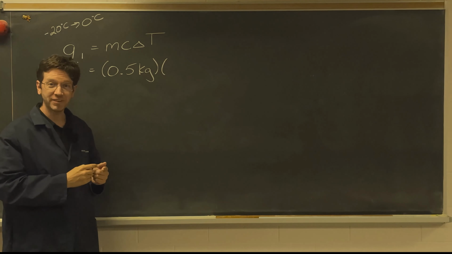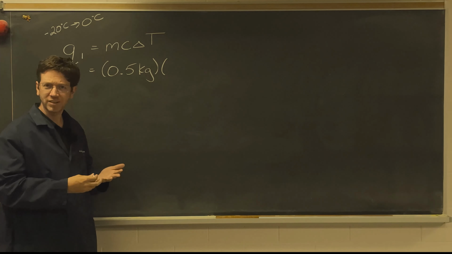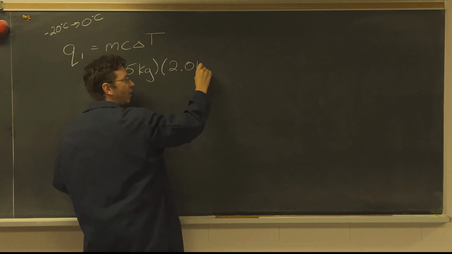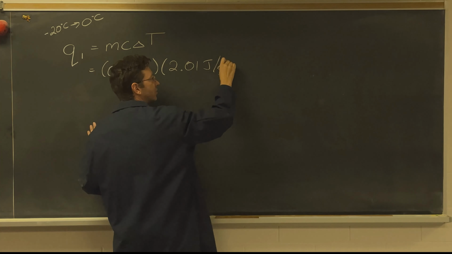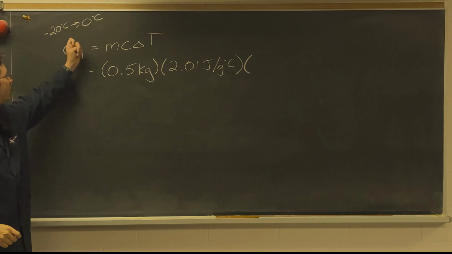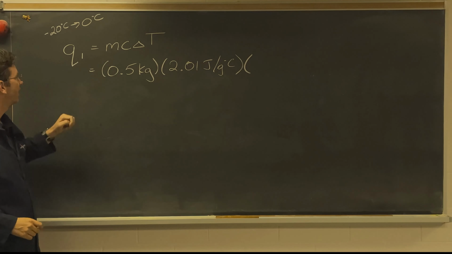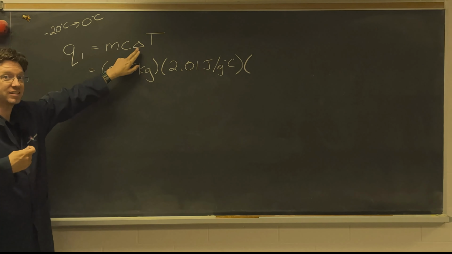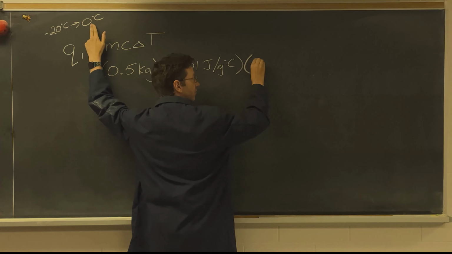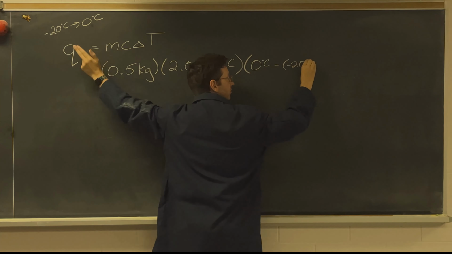It's going to be different depending upon the state. And for solid water, or ice, it is actually 2.01 joules per gram degrees Celsius. And then our temperature change, we're going from minus 20 to 0. So change is always going to be final minus initial. So this is our final, so 0, minus our initial, which was negative 20.